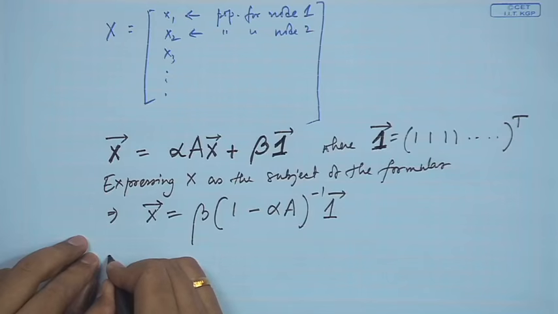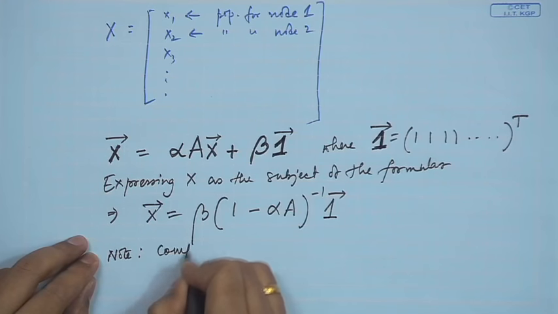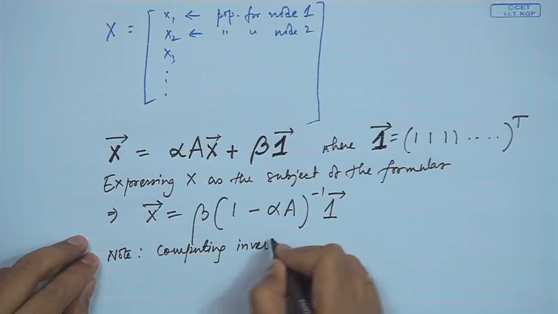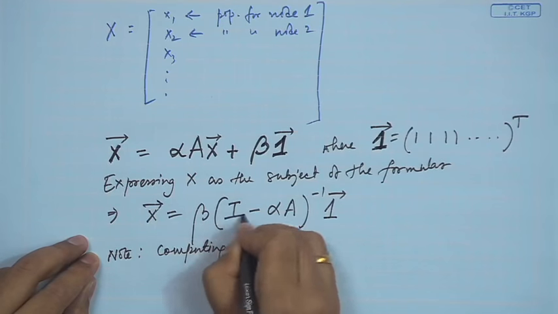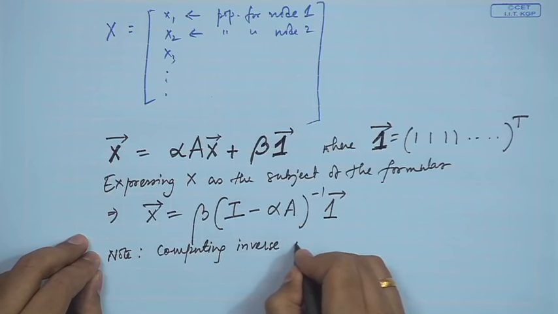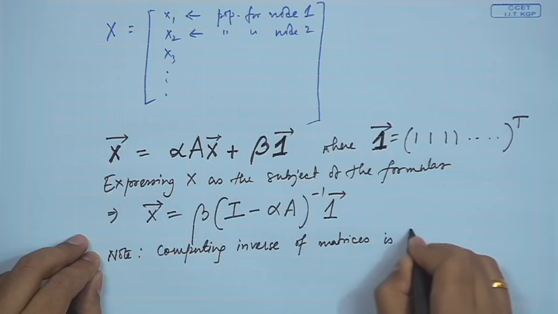Given these two and the adjacency matrix of the network, you can immediately compute the popularity value x. But just a point of note here, that computing inverse, this is the identity matrix, inverse of matrices is difficult.